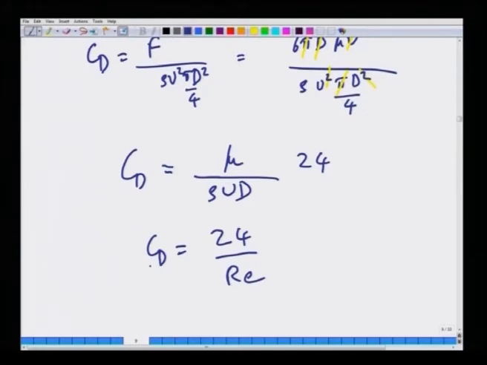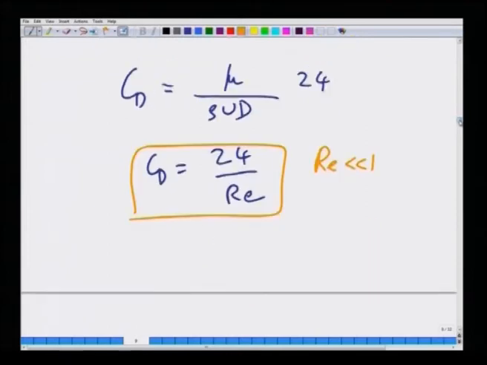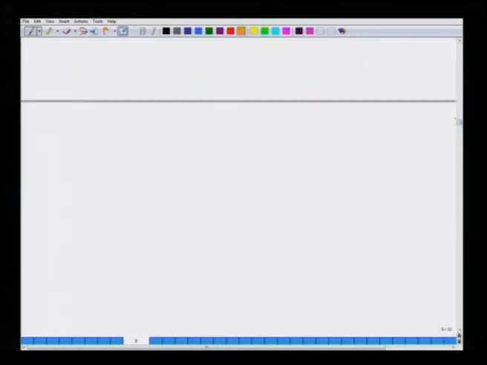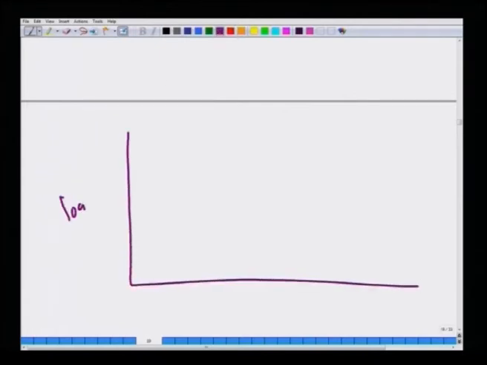So, this is the drag coefficient when the Reynolds number is small compared to 1, when the inertial forces in the fluid are negligible. When we do experiments, if you plot the log of the drag coefficient versus the logarithm of the Reynolds number, initially when the Reynolds number is less than 1 or 10, it will be a straight line with slope -1 because CD is inversely proportional to Reynolds number.